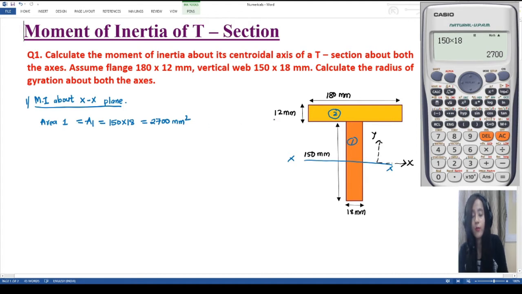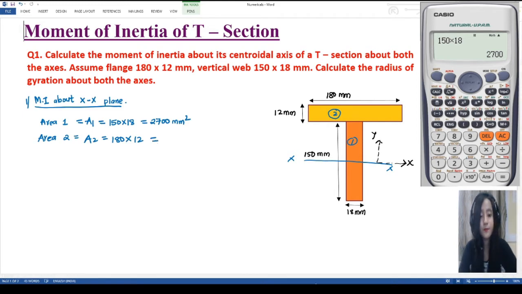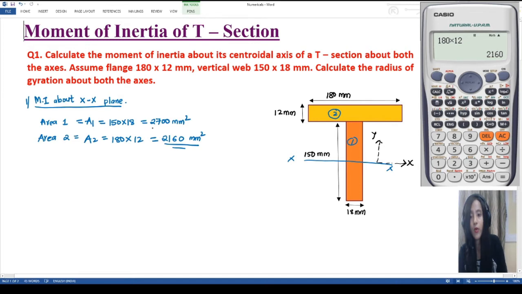Area 2 for my second section, which is A2, will be equal to 180 into 12. It's coming 2160 mm square. So we have found both A1 and A2.